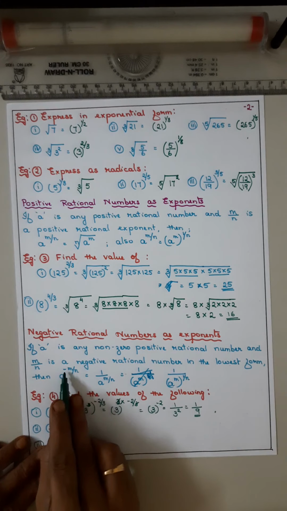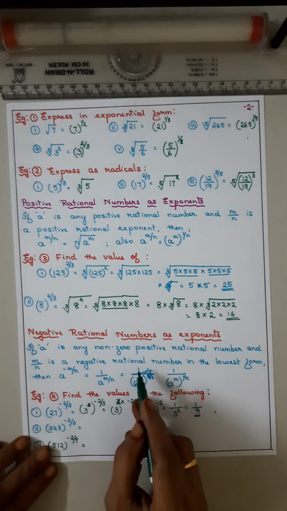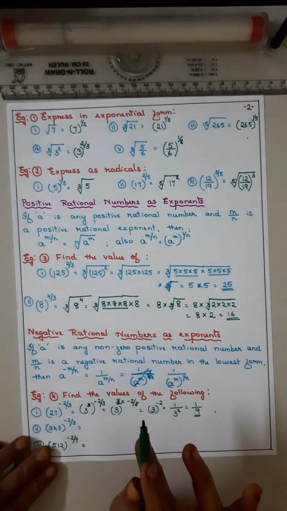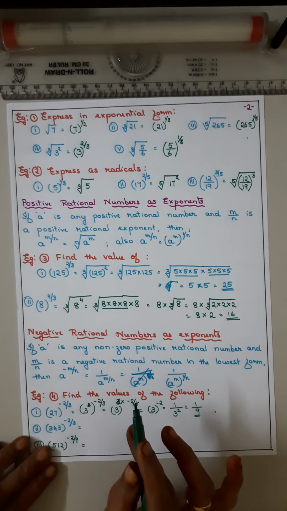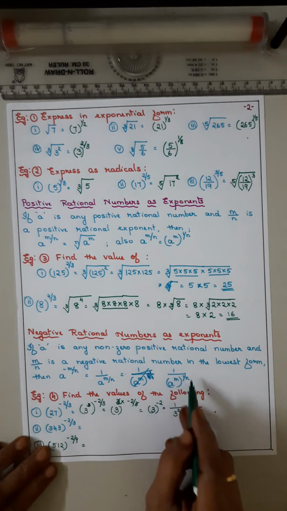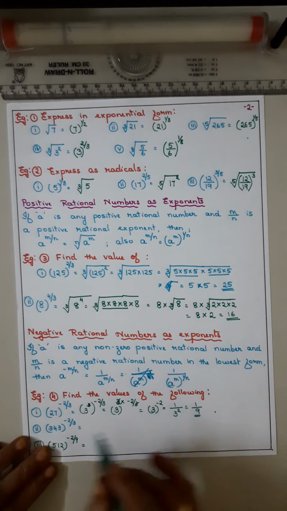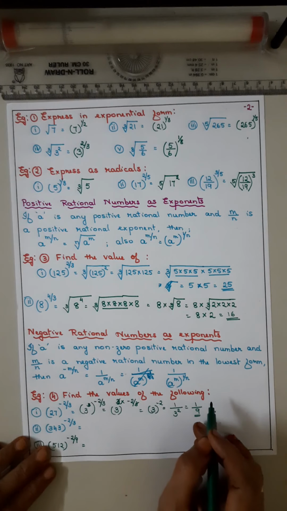Meaning if the power is negative, it will be the reciprocal. So 1 by a to the power m by n. So again like this only, a to the power m, put a bracket, 1 by n. Clear? Now find the example 4.